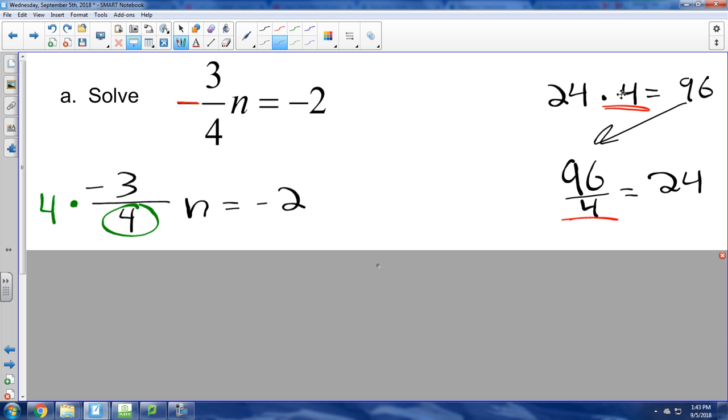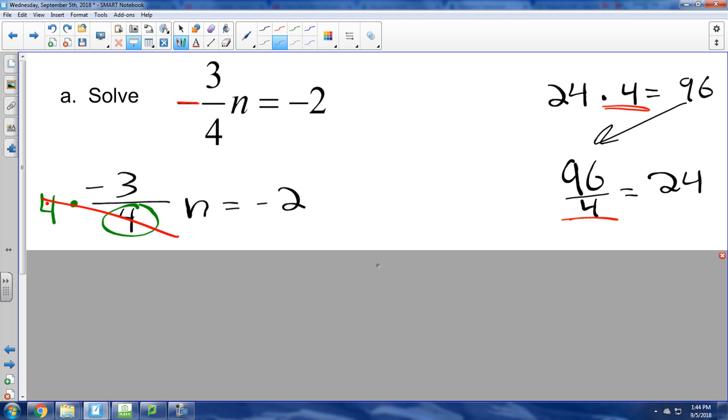Sort of like nothing happened, because 4 divided by 4 is 1, so I'm going to cancel that out. Why am I going to cancel that out? Because 4 divided by 4 equals 1. And 1 doesn't really need to be in there, right? We don't need to divide or multiply by 1.